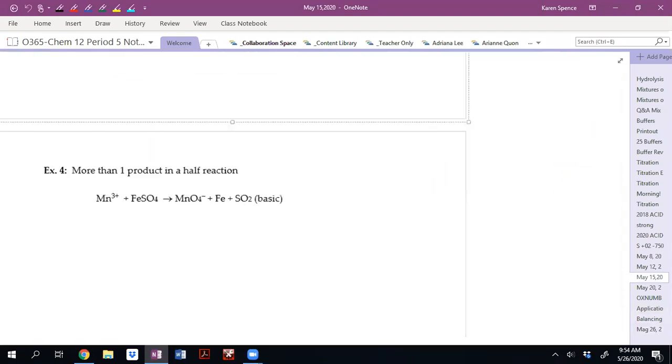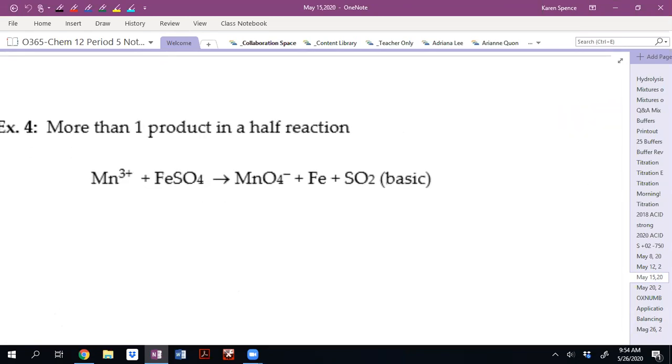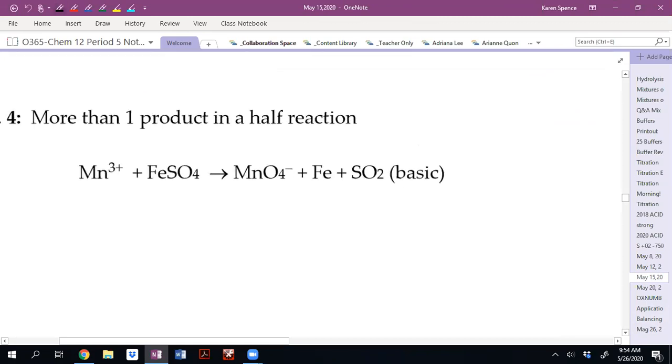Disproportionation. Now, you might have something where instead of just having 1 reactant, you have lots of products over here. It's pretty obvious that when I'm splitting up my half reactions, my manganese is going to turn into the permanganate ion. But what's going to happen with my iron?